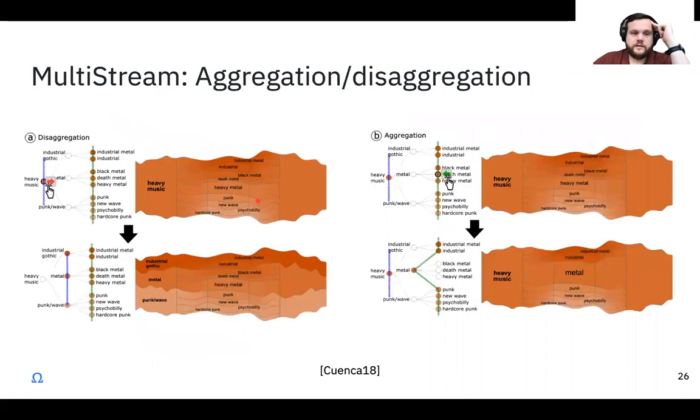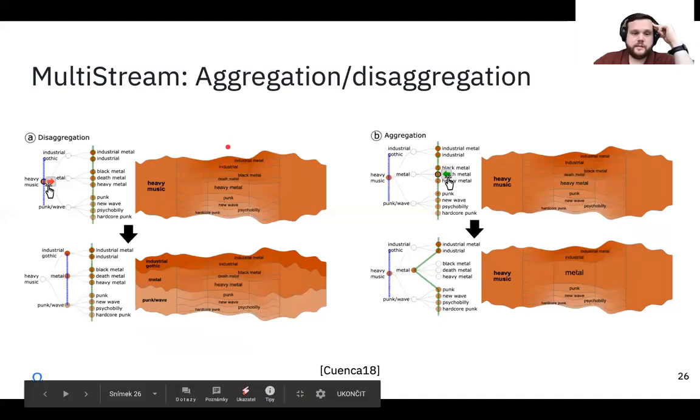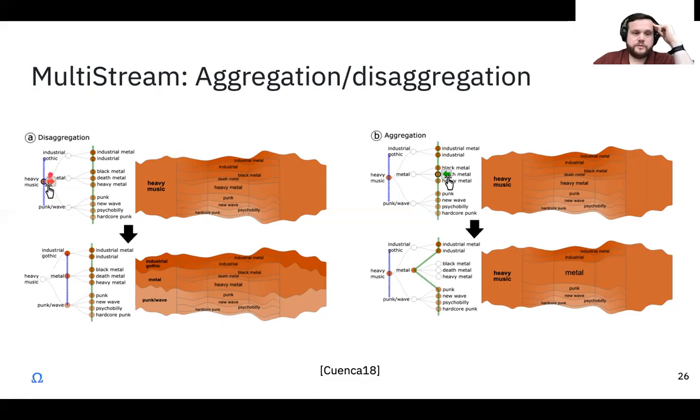By clicking on the tree, you can aggregate and disaggregate. So this is kind of the fisheye lens. This one stays the same detail. But for the first section of the graph, by clicking here, it will jump to the next level, and this will get broken down into the three style genres, one level below, and aggregation goes the other way. If you click here, then it will jump back to here.